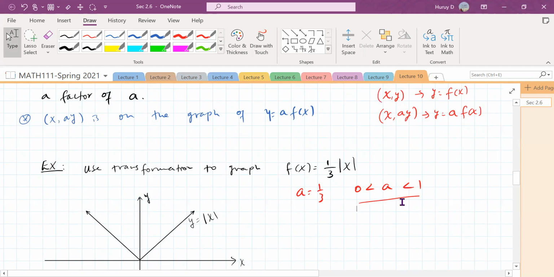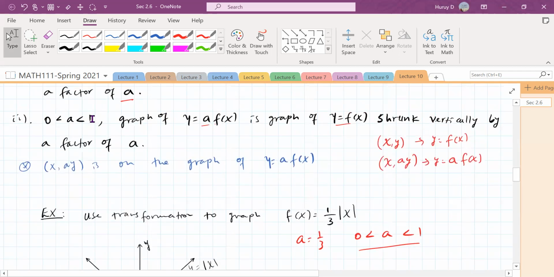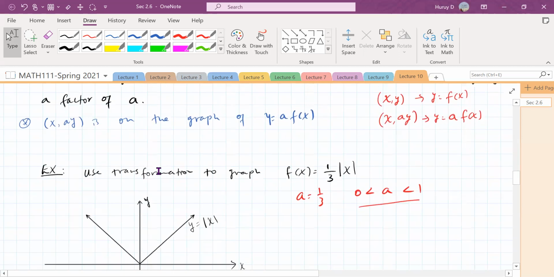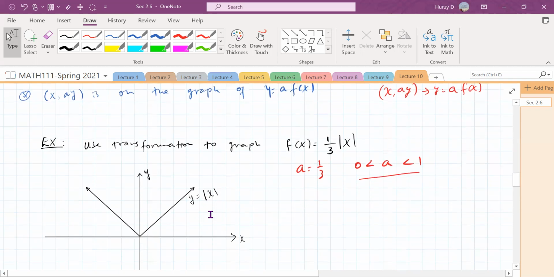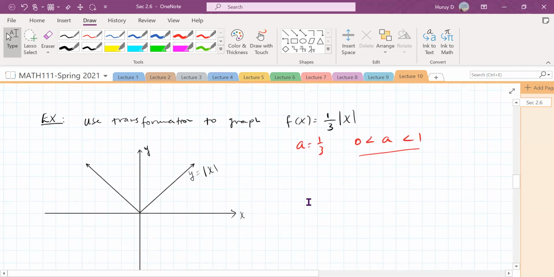And when we have this case, what do we do? Well, the new graph is the old graph shrunk vertically by a factor of a, okay? Therefore, we shrink this by a factor of a vertically. Now, for example, if you take a point, well, this graph is a bit weird.